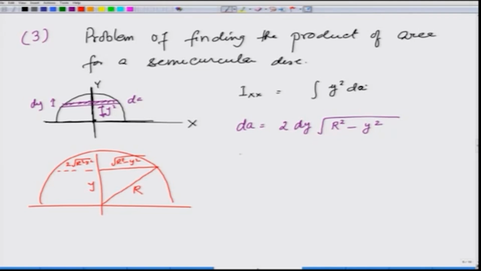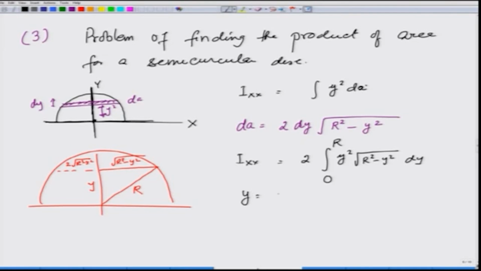And therefore, Ixx is going to be 2 integral y square r square minus y square dy, and y varies from 0 to the radius r. This integral is easy to perform.